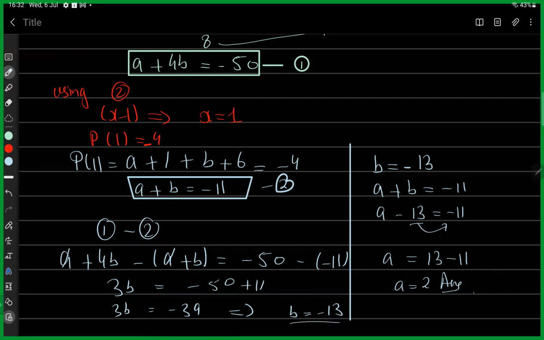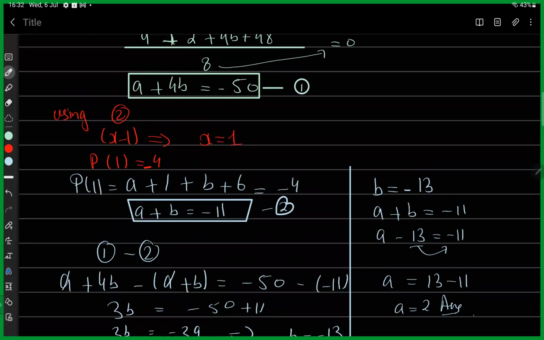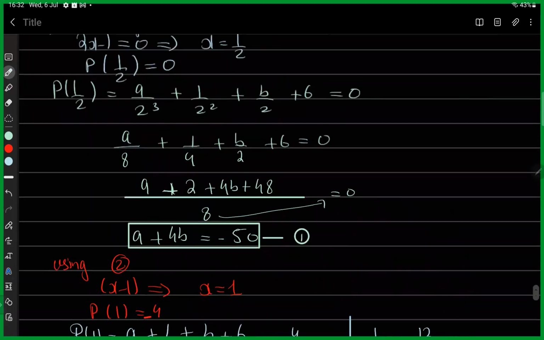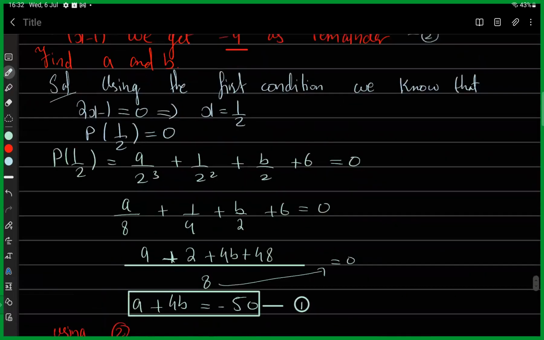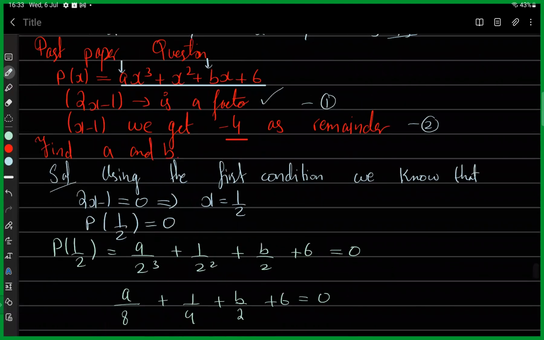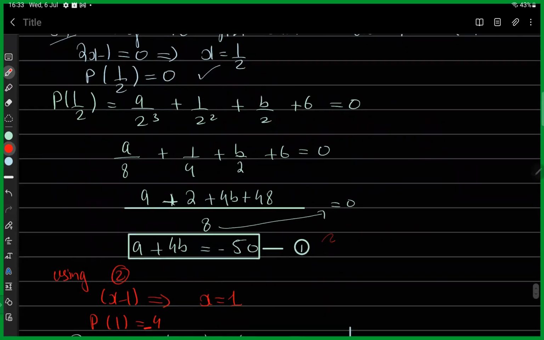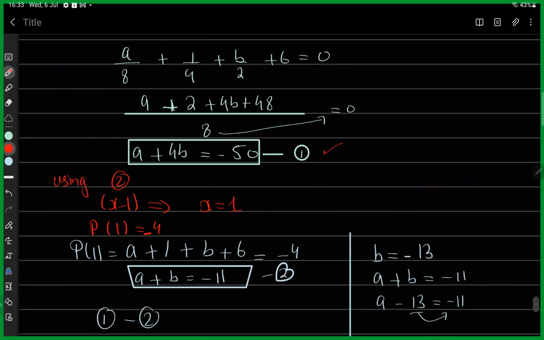For this question, we have used the remainder theorem and the factor theorem. The factor theorem says that when you plug in x equals 1 by 2, you would get 0. So we use this as the condition. After simplifying, I got a plus 4b equals minus 50.